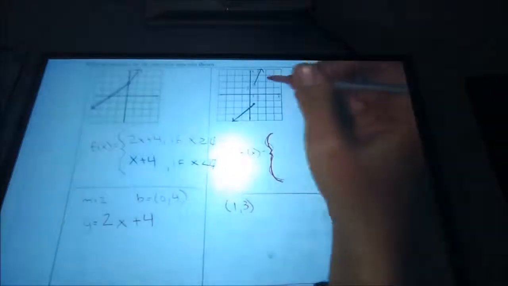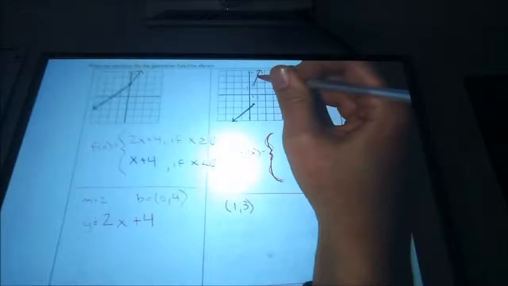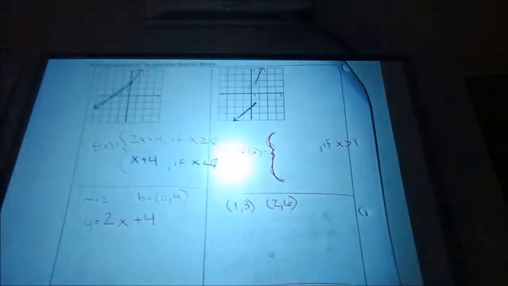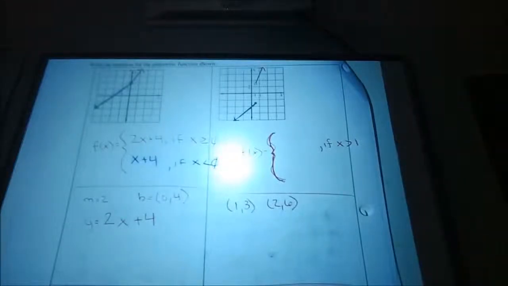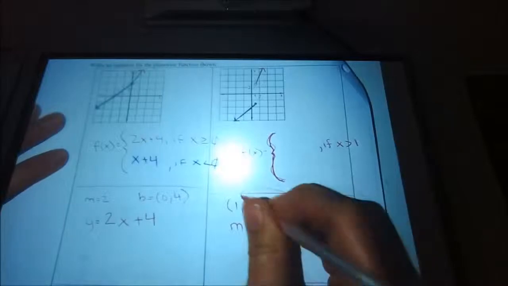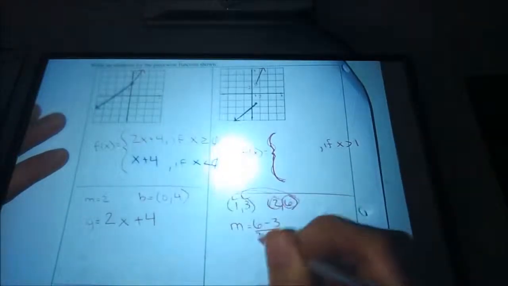And then I drew over this so I can't tell, is this intersecting evenly here at 2, 6? Okay, another point is 2, 6. So when you're struggling to do your rise over run business, 6 subtract 3, over 2 subtract 1.